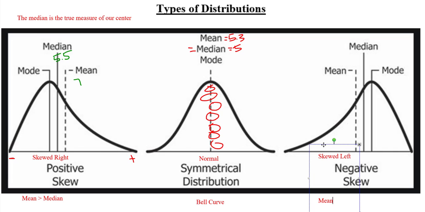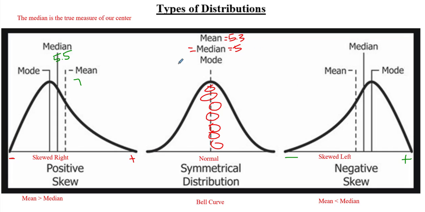So this is saying that the mean is less than the median. When we have a negative skew, let me put this negative sign here and this positive sign here. If we are skewed to the left, the graph is falling to the left. Our median is our true measure of center. That stays put. The mean is now moved to the left.